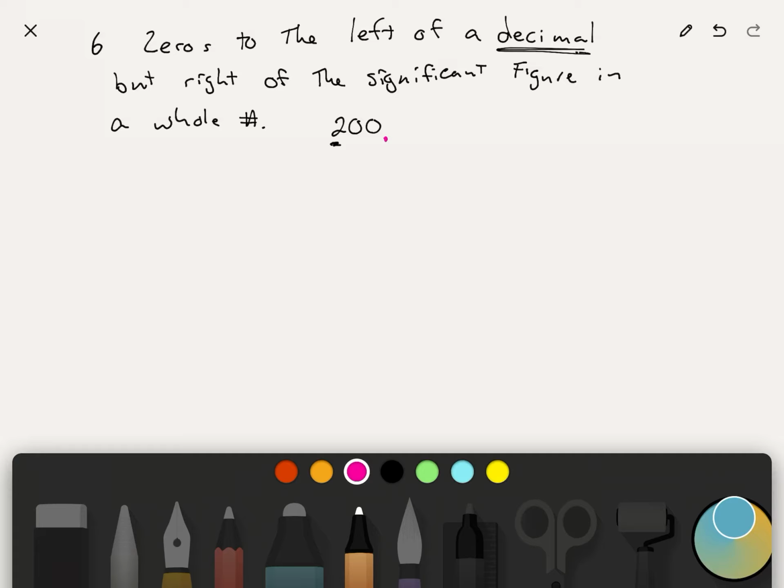So if the decimal is there, all trailing zeros become significant.